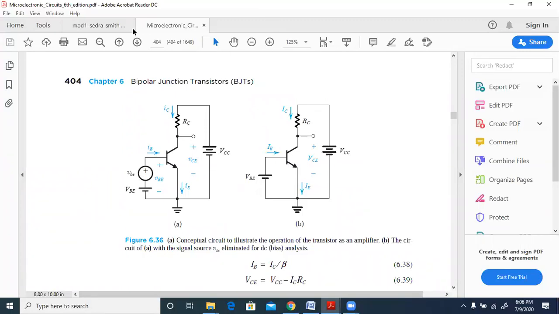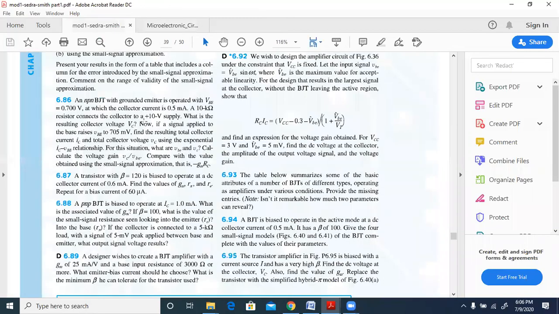So having found that value of 5 volts for this VC, now if the signal applied to the base raises VBE to 705 millivolts, then the VBE becomes 705 millivolts.